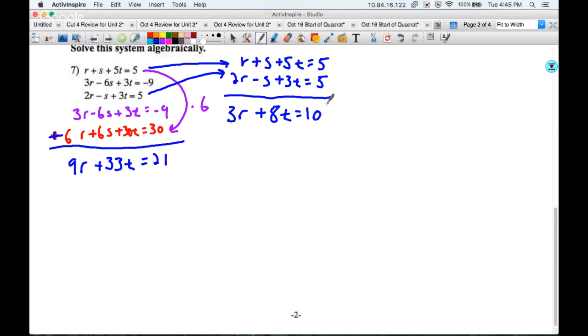Now I've got a system with two equations and two variables. Looks like I can continue to do elimination by taking this one and multiplying it by negative 3 and writing it below this one. That'll give me negative 9r minus 32t equals negative 30.